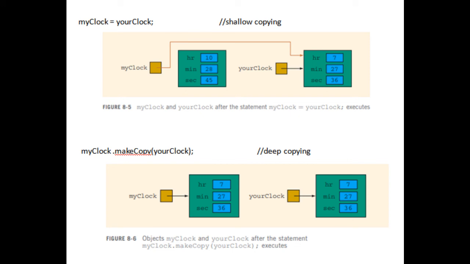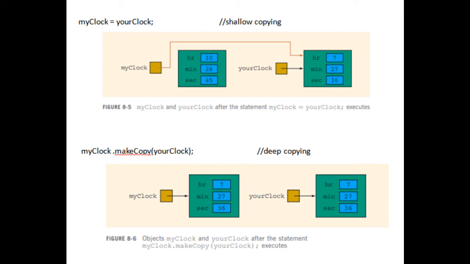Another way to avoid the shallow copying of data is to have the object being copied create a copy of itself and then return a reference to the copy. This is accomplished by the method getCopy.